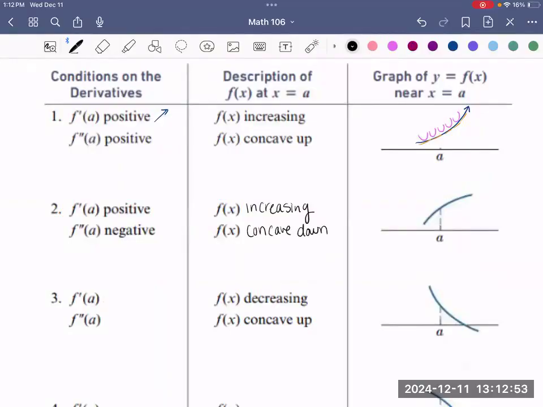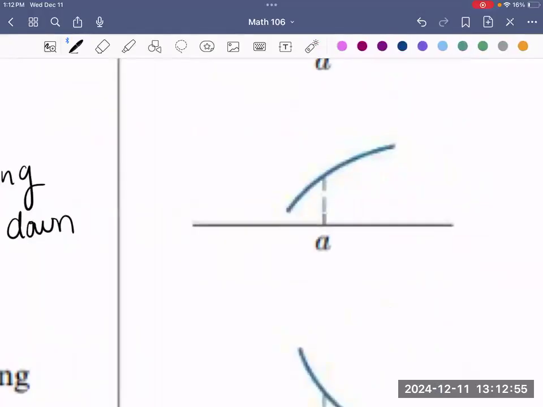Therefore, your first derivative is positive, all those are positive. However, these are all downward facing. This is what your graph would come out with.